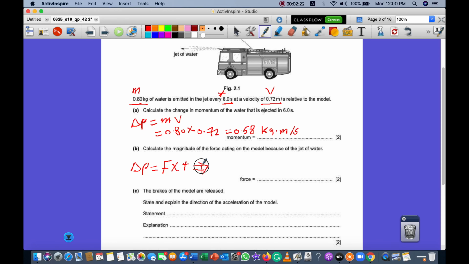So the force equals delta P, the change in momentum, divided by time, equals 0.58 divided by 6 seconds, which will be equal to 0.096, and the unit of the force is Newton. That's it.